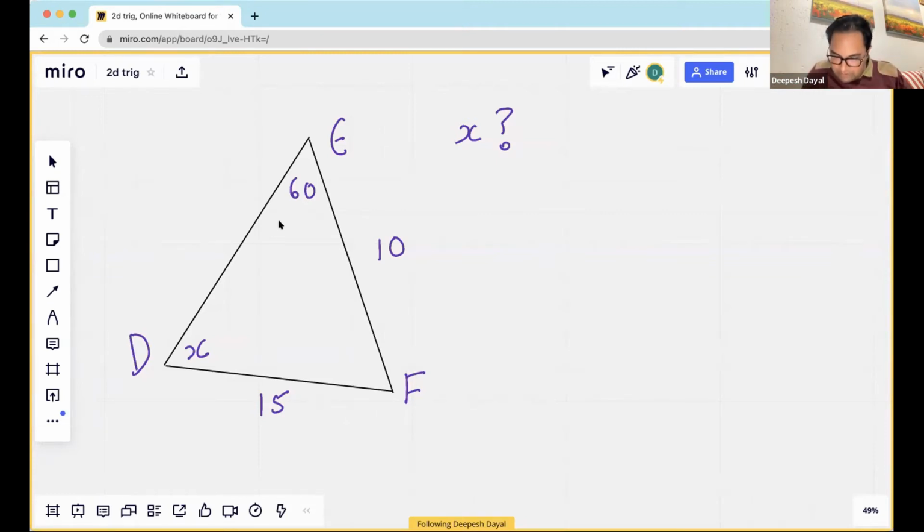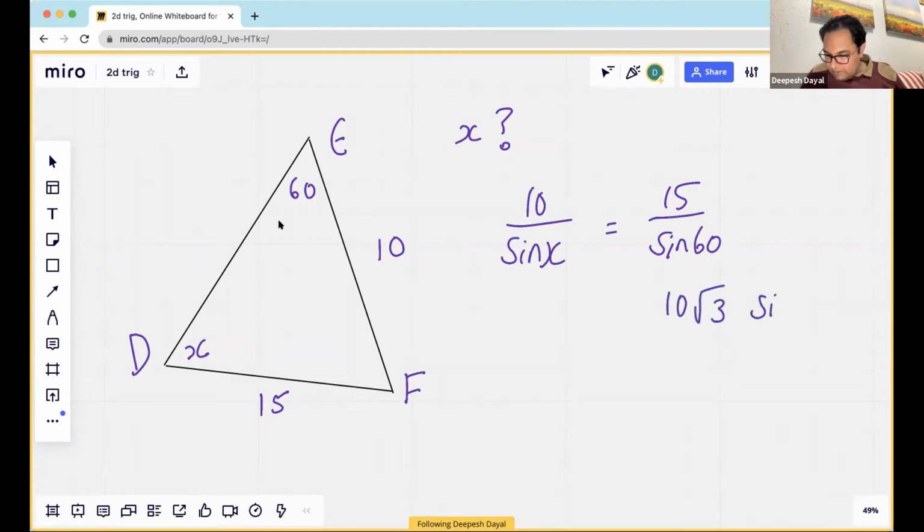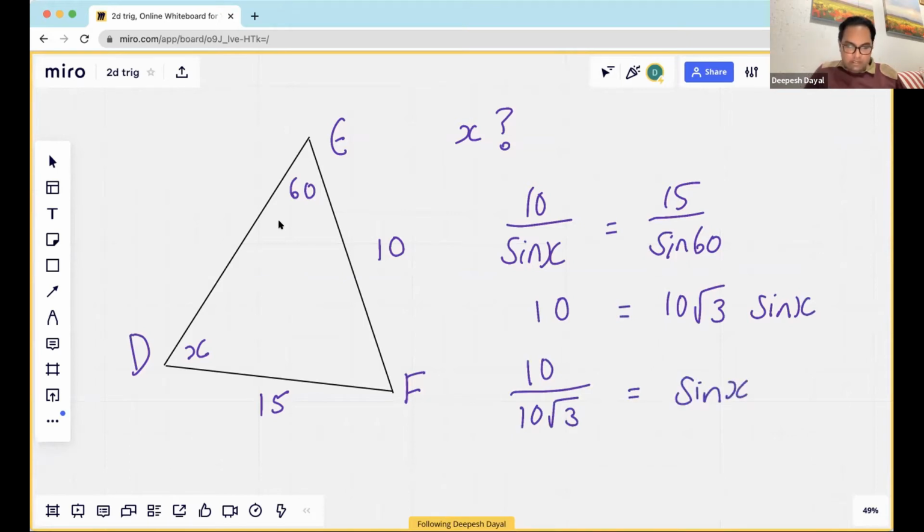Okay, so we got 10 over sine x equals 15 over sine 60. So it's going to be 15 over sine 60, 10 square root 3, sine x equals 10, then 10 over 10 square root 3 equals sine x, then shift sine of 10 over 10 square root 3, 35.26.